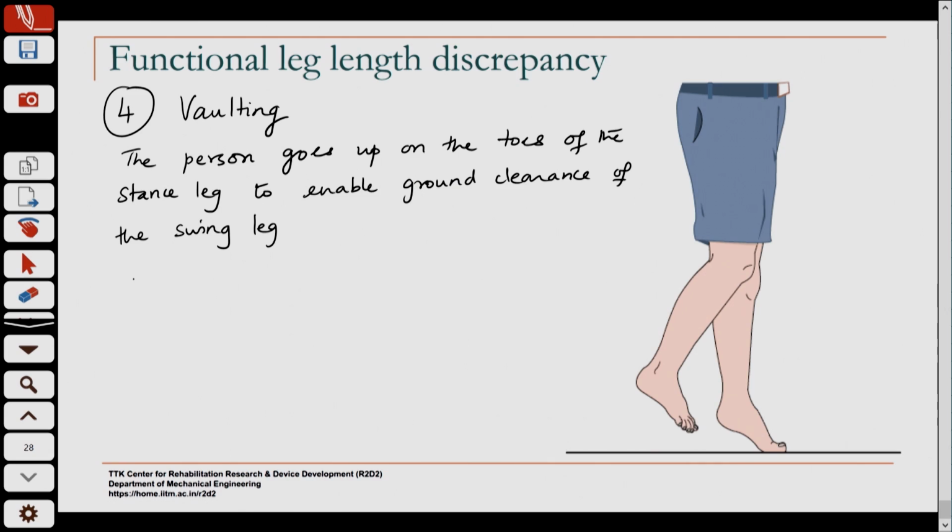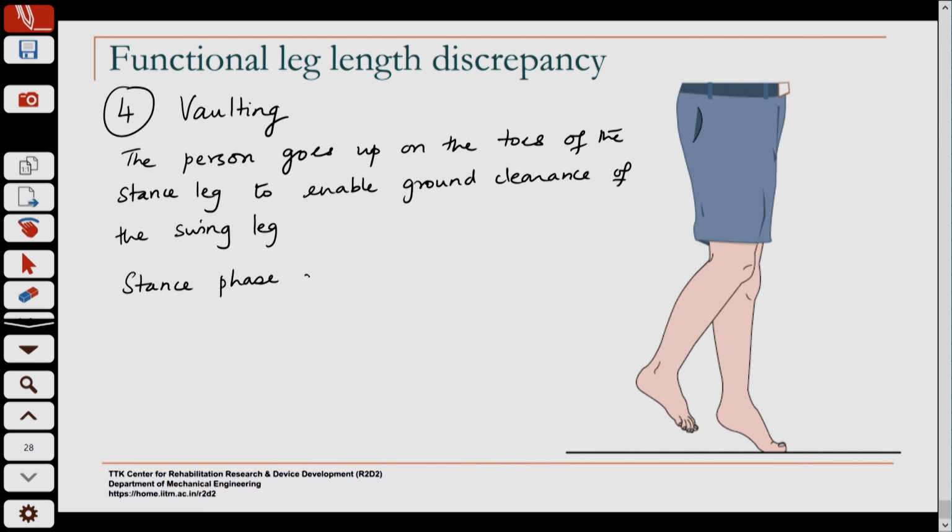So, this is called a stance phase modification. The others were all swing phase modifications: steppage or circumduction or hip hiking. They were all modifications that happened in the swing phase for dealing with the problem of that particular leg.